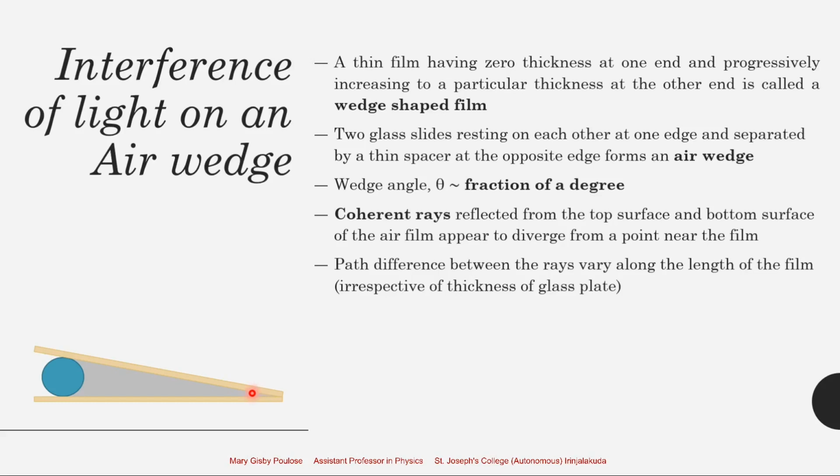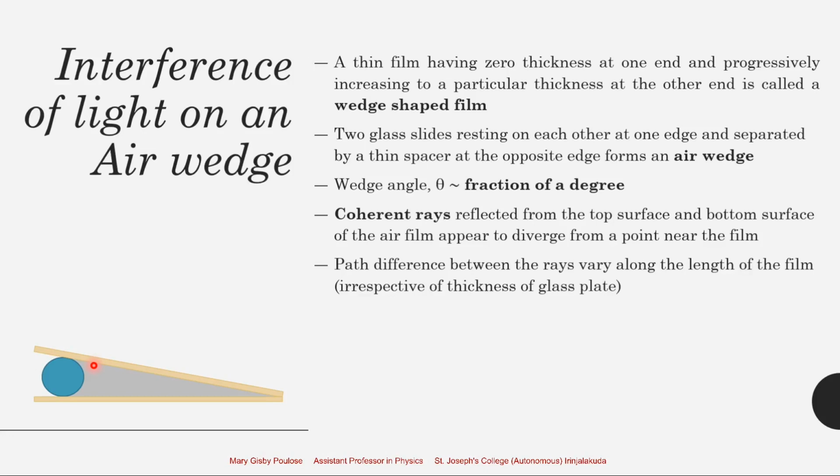This is usually the case because the path difference will be in the range of nanometers or maximum micrometers, whereas the glass plate usually has a thickness of, you know, it may be centimeters. So these are completely different dimensions.